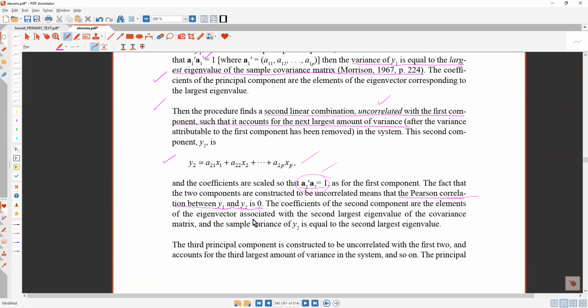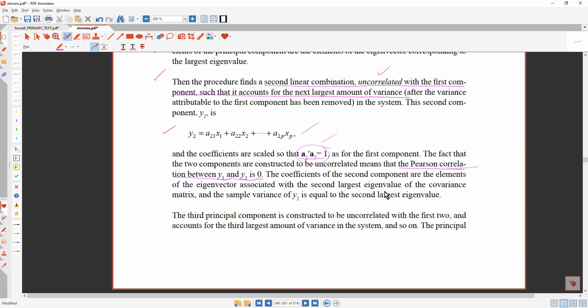So the components keep things orthogonal, keep the correlation between components equal to 0, maximize the variance in the first component, uncorrelated to the second, maximize the variance in the second component, uncorrelated to the first and the third, etc. So they're providing separate portions of variance.